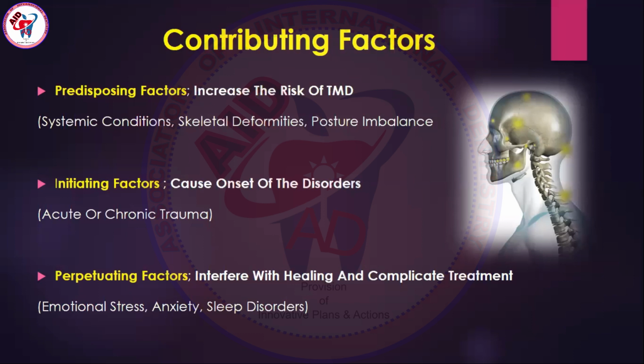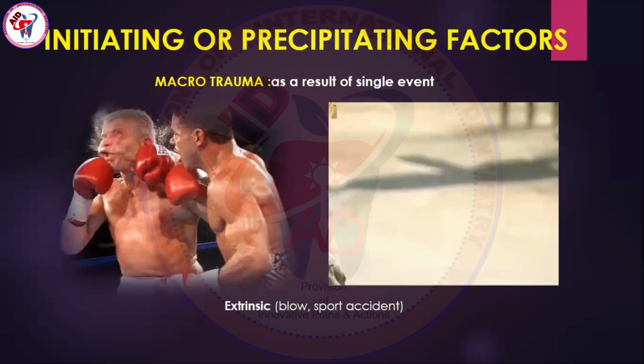That means if these precipitating factors are present and you are going to treat the TMD, you are not going to be successful, as they do not let the treatment go ahead successfully. These are emotional stress, anxiety, and sleep disturbance.